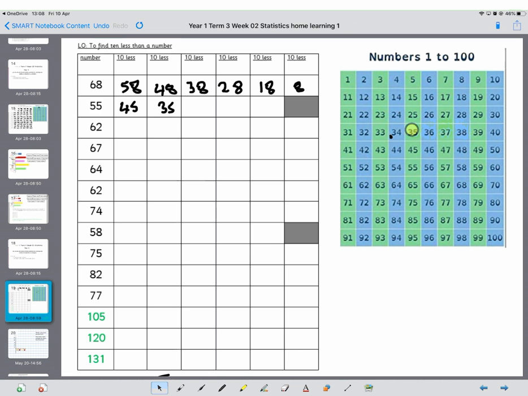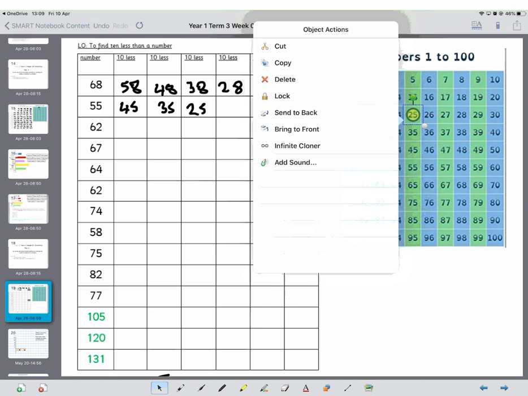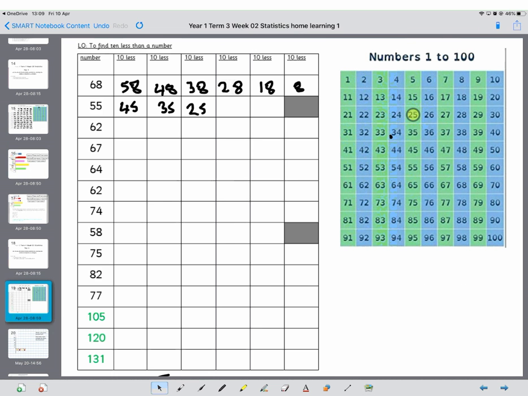Remember, that's what you're actually doing. And then it goes up another 10, so it's 25. And from 25 it would go to 15. And then from 15 it goes back to 5.